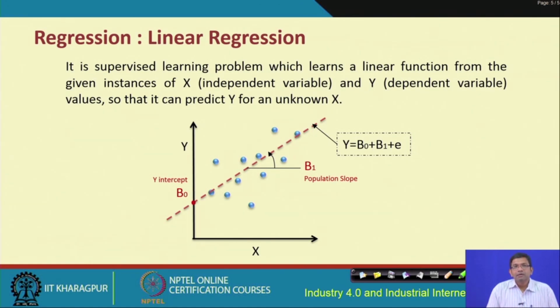We have all learnt in statistics also, and that is the supervised learning technique. So, y = b0 + b1x + e, where b0 is the intercept here, the y intercept, b1 is the slope, and e is the error, right. So, you have this kind of best fit for linear regression.